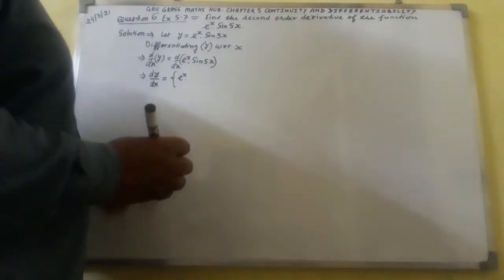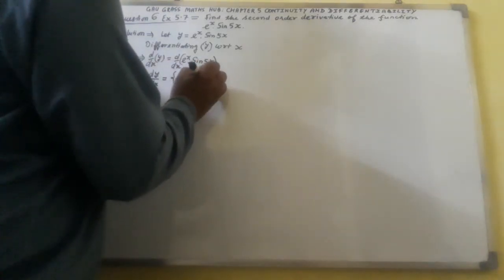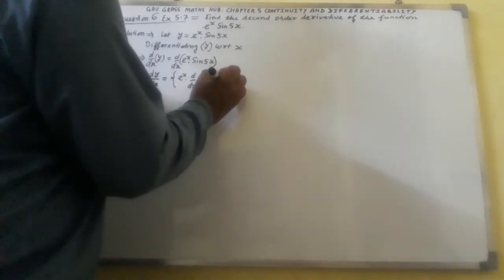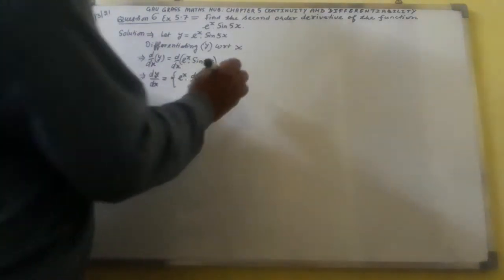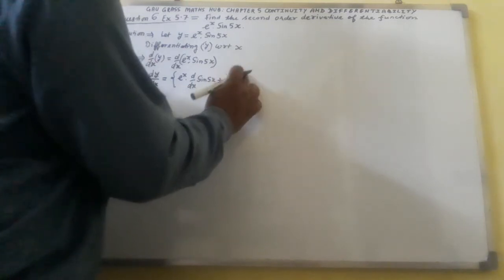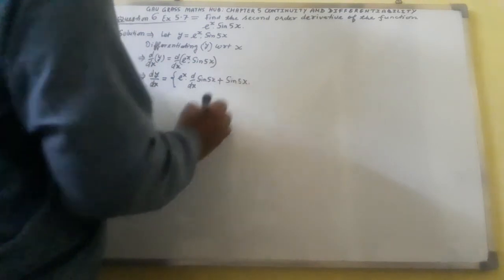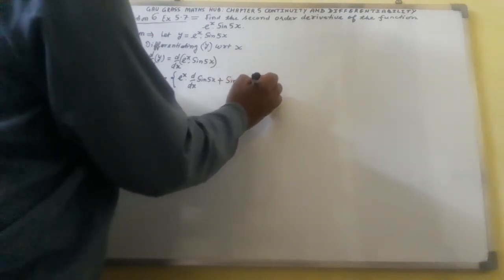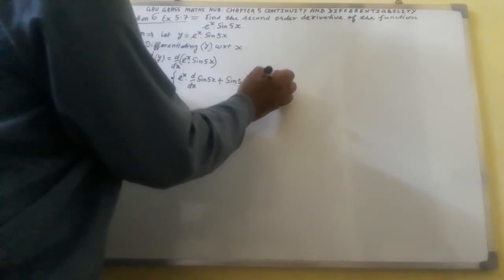By using the product rule, we shall get first function as it is dot d over dx of second function sin 5x, plus second function as it is dot d over dx of first function e raised to the power x, curly bracket close.